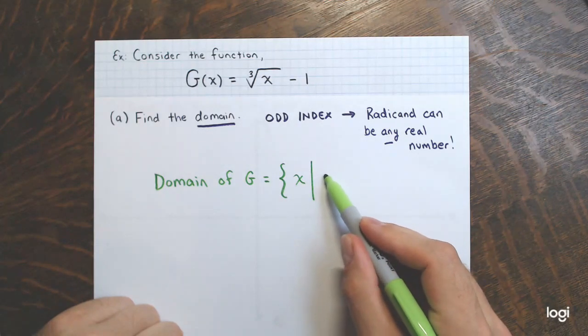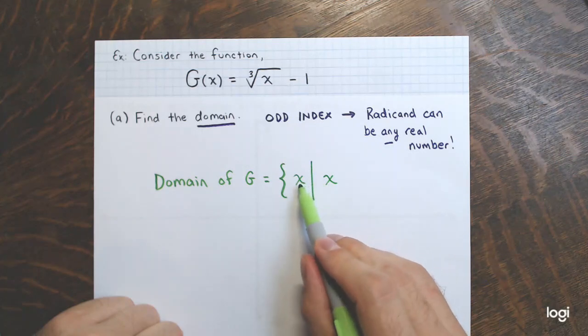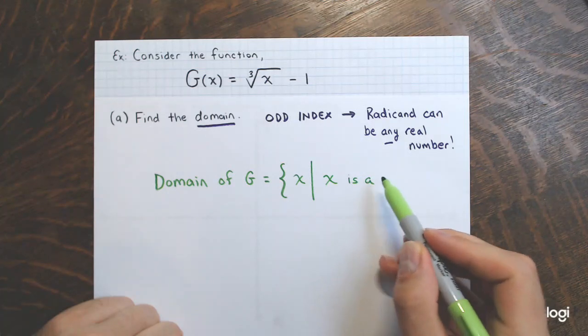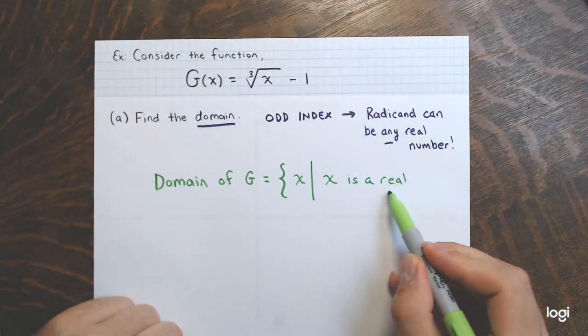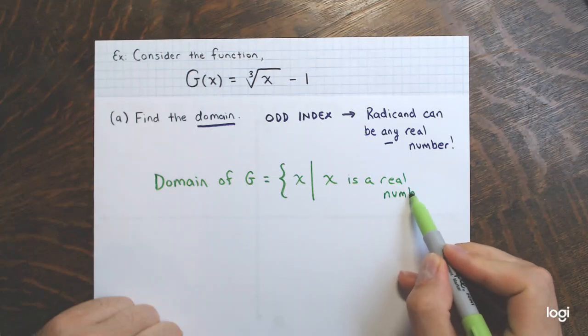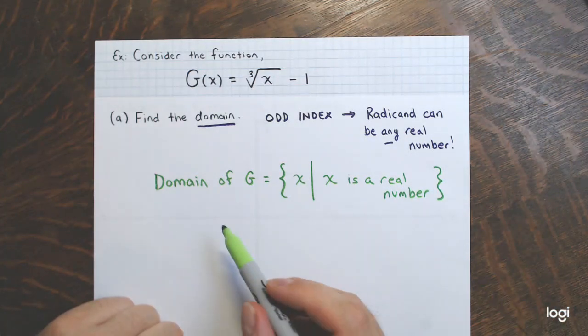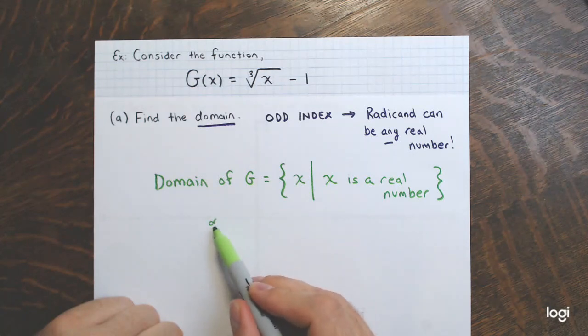Well, here x can be any real number. So the domain contains all values of x, as long as that value of x is a real number. So this is just another way of saying that the domain is any real number. Great.